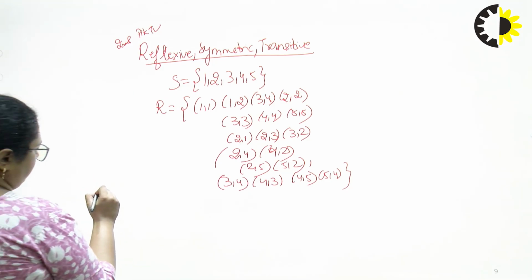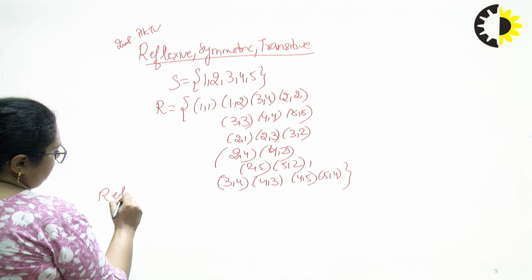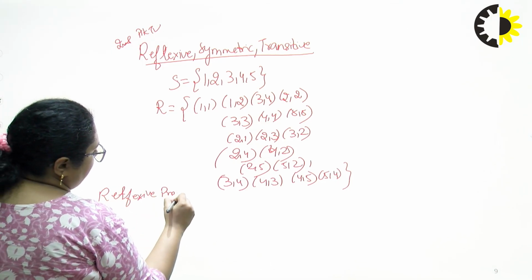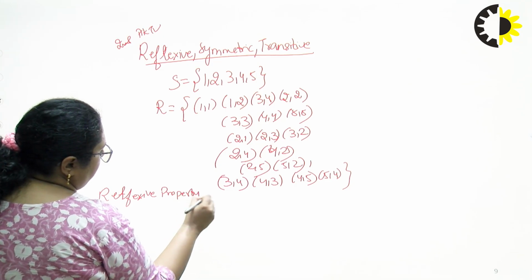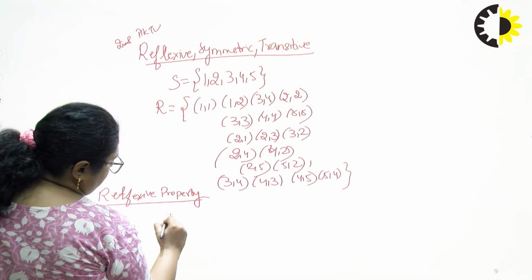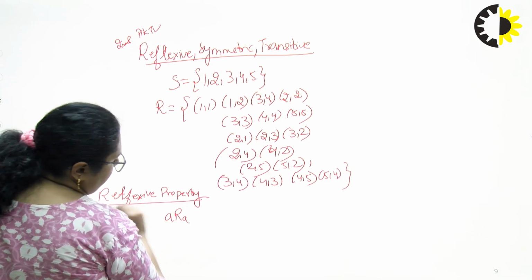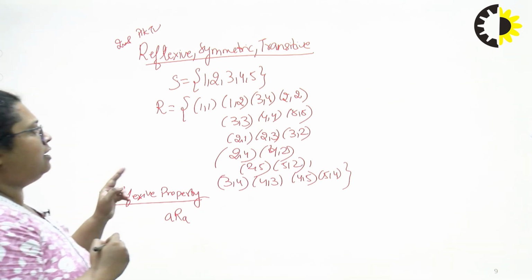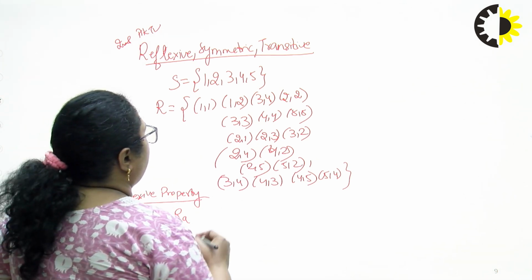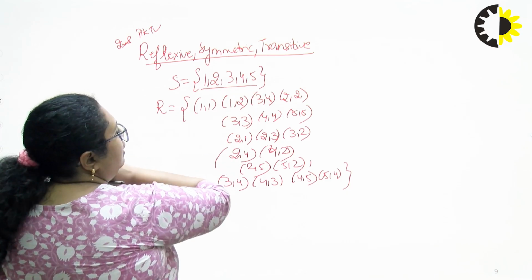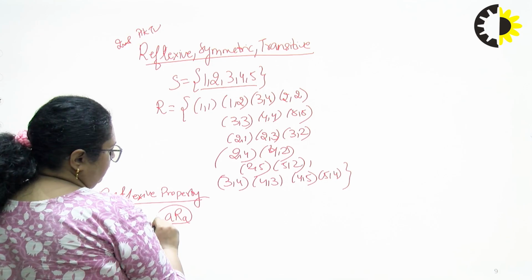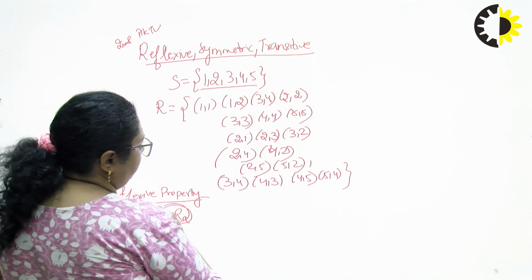So the reflexive property says aRa. A relation is reflexive when every element of the set has a relation with itself.